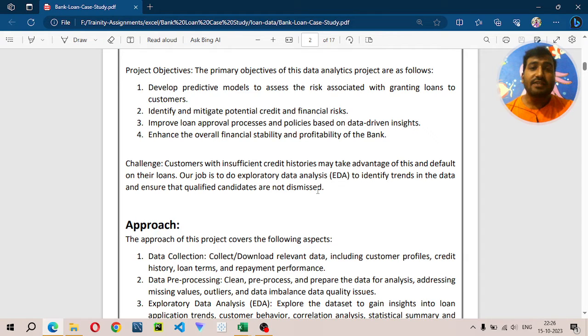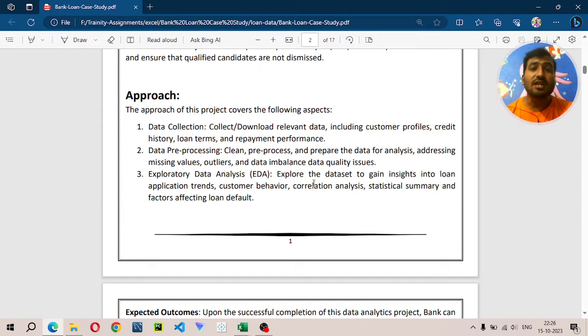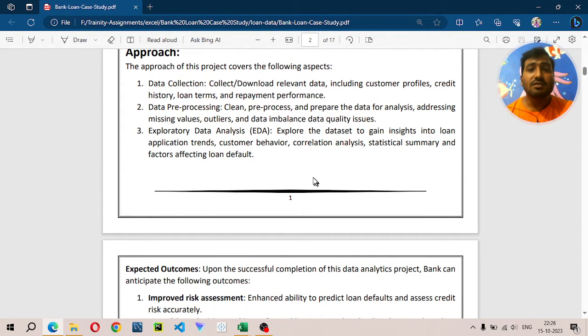The approach I have taken to perform data analysis in this project: first I collected the data, then data pre-processing, then exploratory data analysis. In exploratory data analysis, we have done the insights on loan applicants trend, customer behavior, correlation analysis, statistical summary, and factors affecting loan defaults.